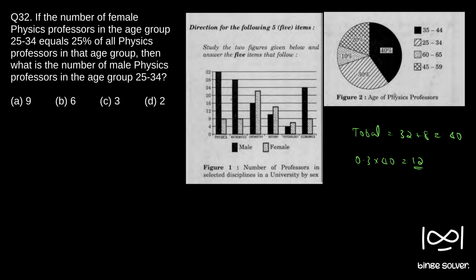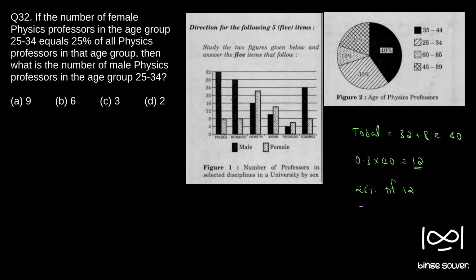So we have 12 people in this age group, and it is given that the number of female physics professors in that age group is 25% of all physics professors in that age group. So 25% of 12 are female, and they are asking what is the number of male physics professors in the same group.